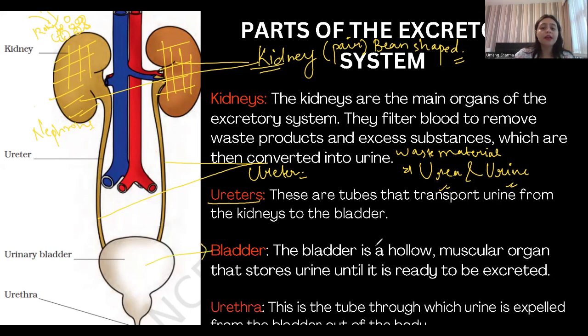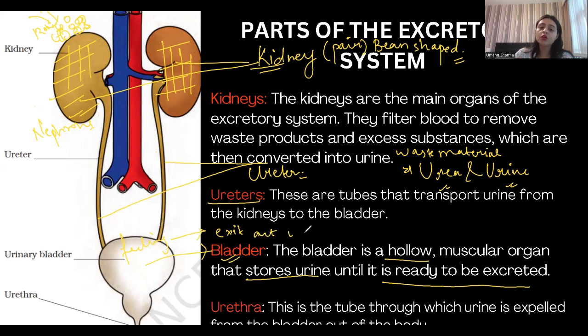What does the bladder do? This is a hollow muscular organ, and it stores the urine until it is ready to be excreted. So the feeling you get in the morning to exit out the waste comes from the bladder.